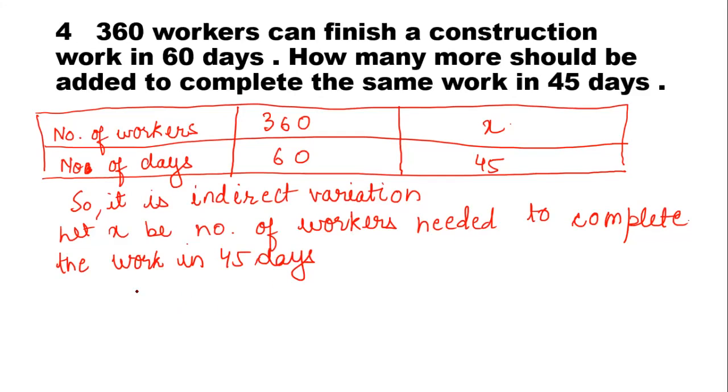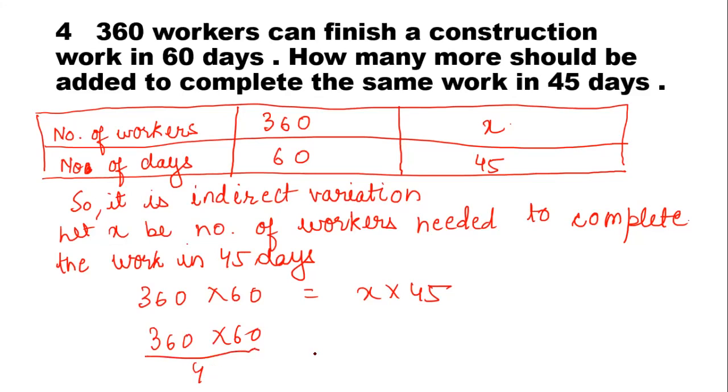Okay. So 360 into 60 is equal to x into 45. सेम आ जाएगा आपके पास 360 into 60 divide by 45 is equal to x. यहाँ पर 15 से कट कर लेते हैं, यहाँ पे 4 आ गया, यहाँ पे 3 आ गया, यहाँ 3 से कट कर लेते हैं, we get 120 and here 1.